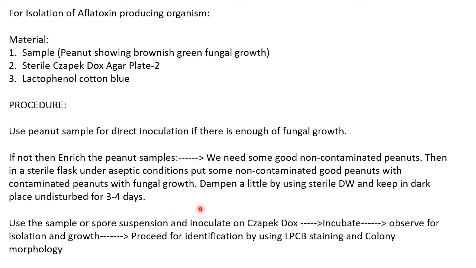Dampen them a little using sterile distilled water, and keep your flask in a dark place, undisturbed for 3 to 4 days. What will happen? The fungal growth will spread onto your good non-contaminated peanuts, and you will have good fungal growth, or even a fungal mat can be observed upon your peanuts.